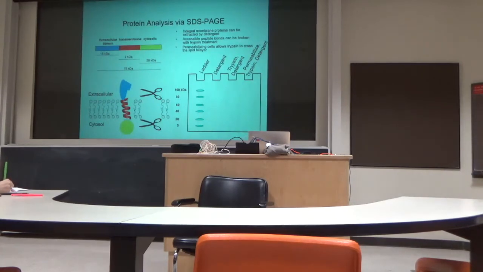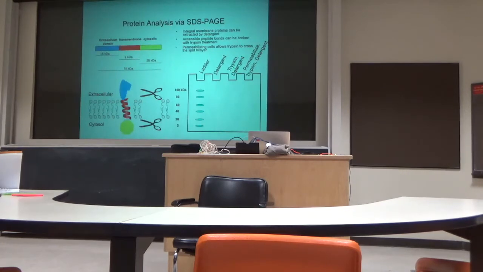So in each of the lanes here, for the detergent and the trypsin and detergent, it would be one band both at 60? For the detergent, for the first one, that's what we did in the first experiment. In that one, we extracted the entire protein and ran it on a gel. So that would be a single band, and it would be 75K.